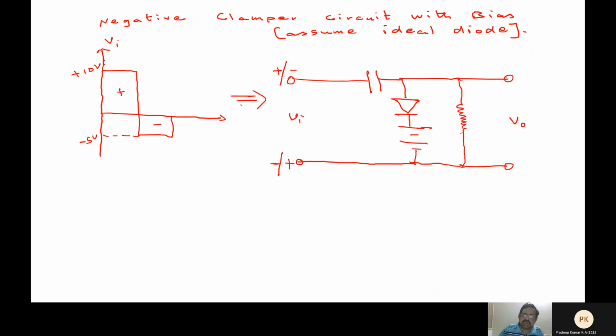So if you see here, the capacitor is under forward bias, diode on, in the positive half of the input signal. So therefore, the equivalent circuit will be in this fashion.